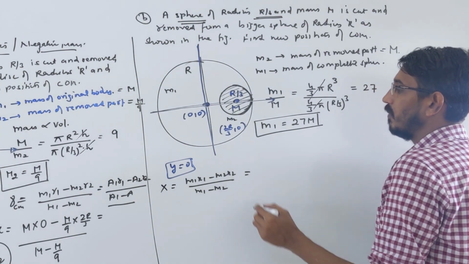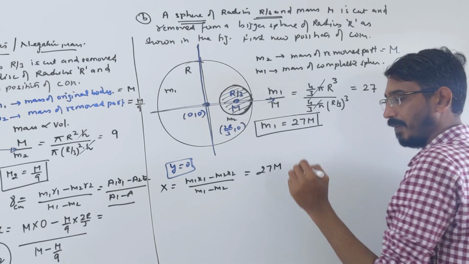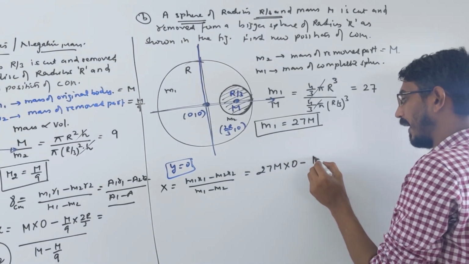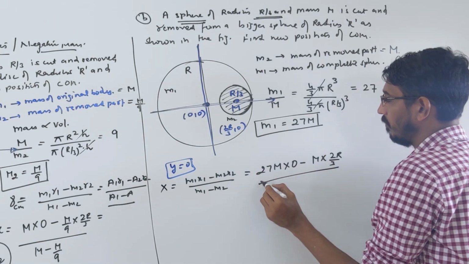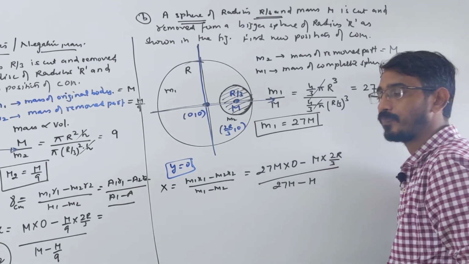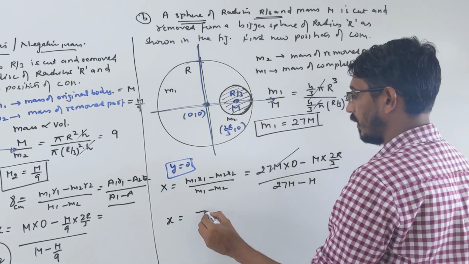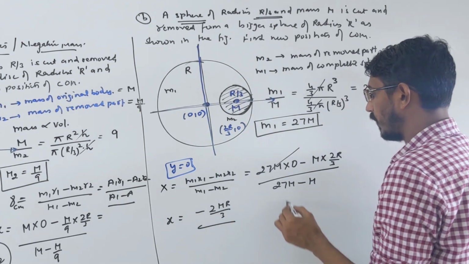M1, the mass of the complete disc, is 27 times m, and its coordinate is 0. Minus m2, which is m, with coordinate 2r by 3, divided by m1 minus m2, which is 27m minus m.